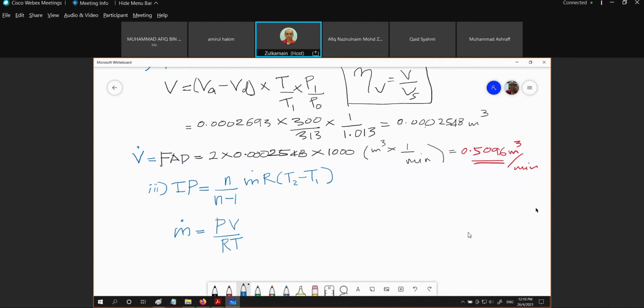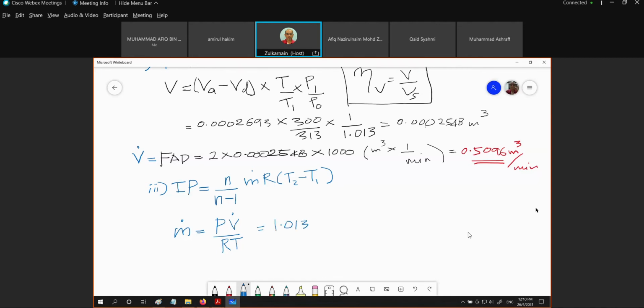No. If we use this value of V dot, we don't need to multiply by 2 because we did it before. We just get the M dot based on this V dot, and we are going to use the P and T of the free air condition, because this V dot is at free air condition.